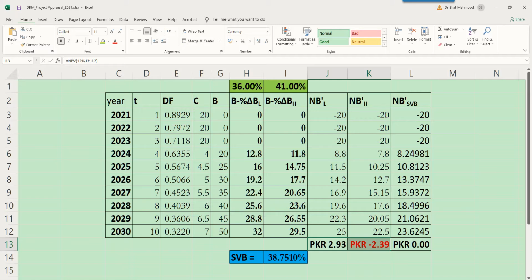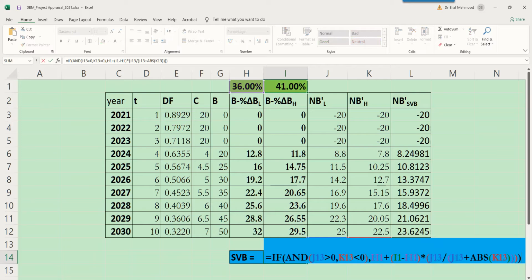So we do the interpolation here, the formula for which is explained already in the last video. Here again we are requiring a couple of conditions to be fulfilled simultaneously: the first NPV should be positive and the second NPV should be negative. If both of these conditions are fulfilled, then we do the interpolation, otherwise we don't.